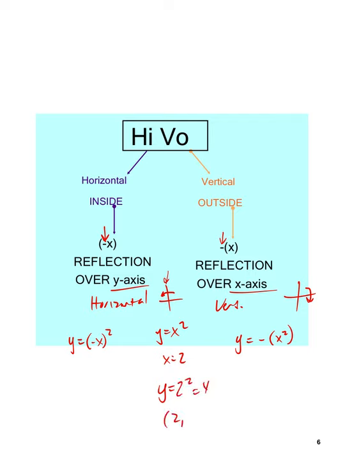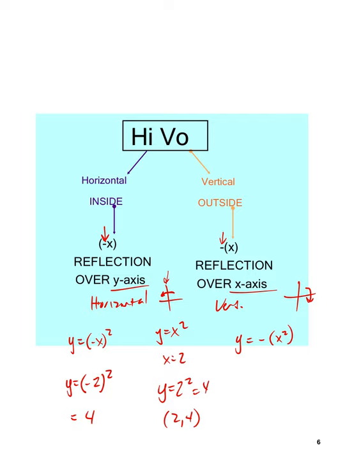So the point would originally be at (2, 4). In a horizontal reflection, this would be going to the other side of the y-axis. So if we put 2 in for x, this would now be -2 for the x, but we'd still have an answer of 4. So this would be the point (-2, 4).